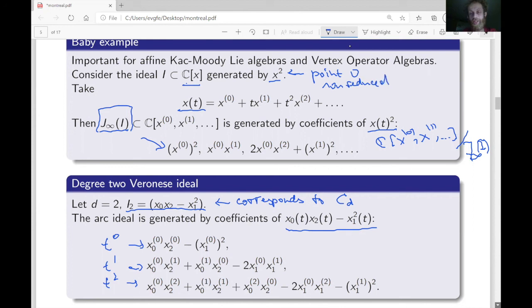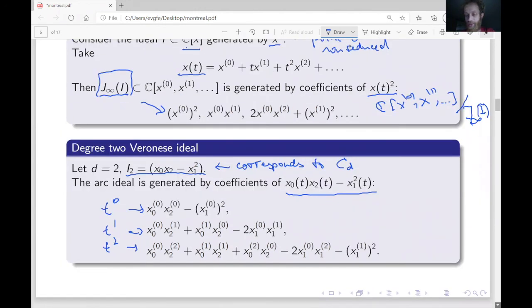Just meaning that x squared being 0 means that x is 0, but the polynomial x does not belong to the ideal generated by x squared. So this is the difference, and actually this question of reducedness will be important for us. We'll get there soon.